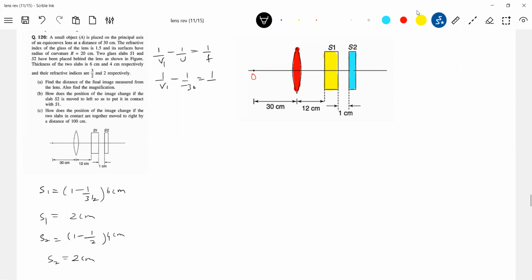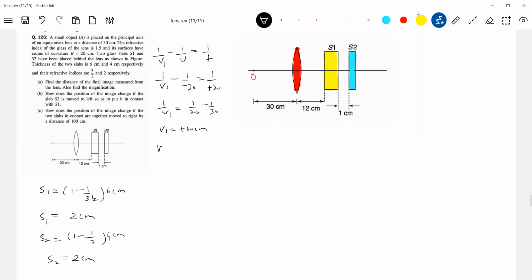Yeah. The lens has refractive index 1.5, an equiconvex lens, and the focal length should be equal to plus 20 only. For an equiconvex lens, if it is made up of glass, the focal length will be that of the radii. Plus 60 centimeter.